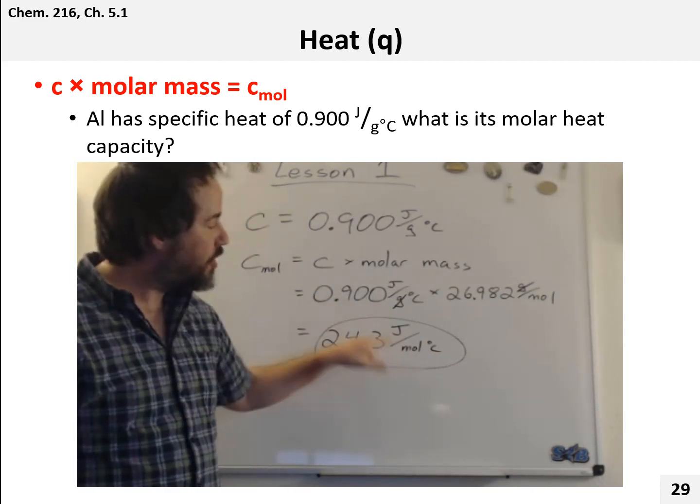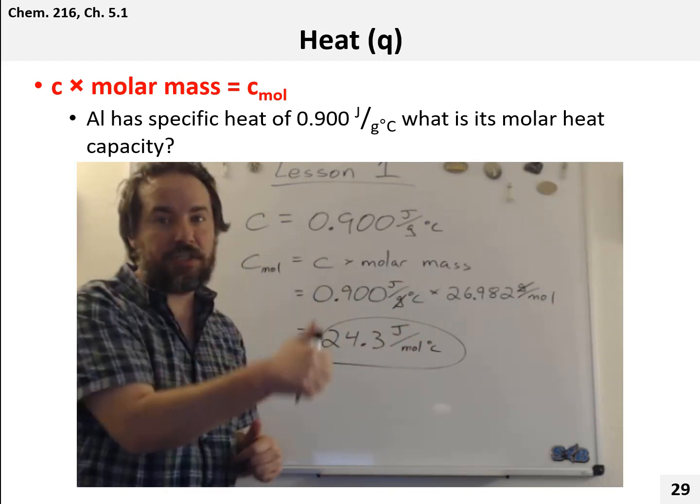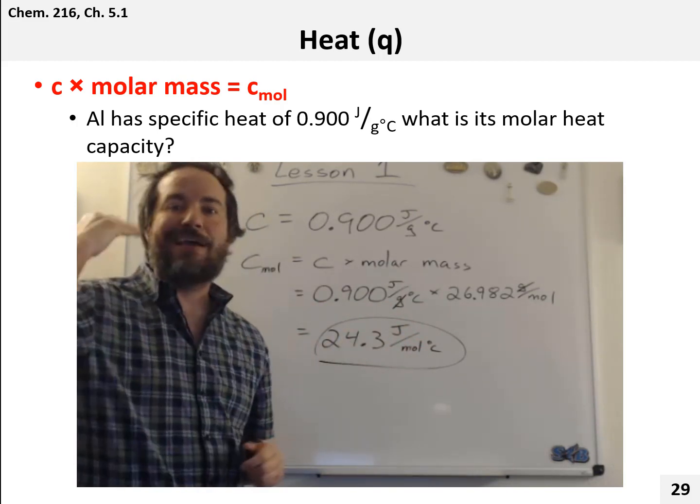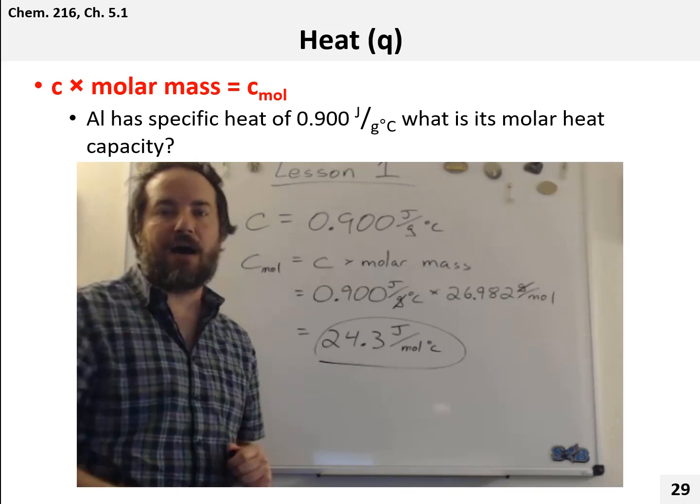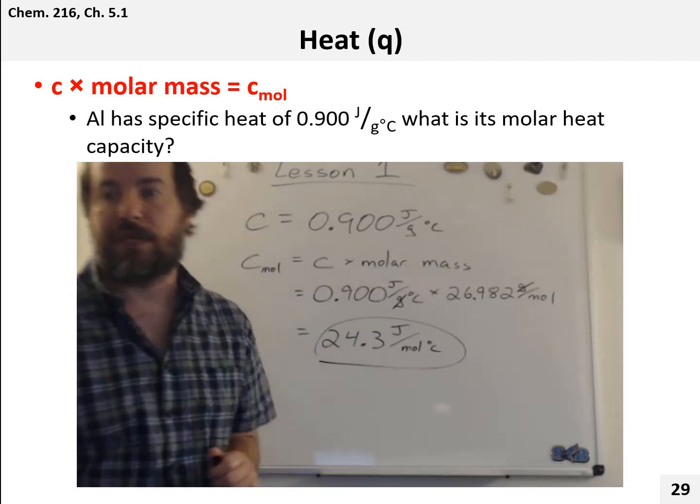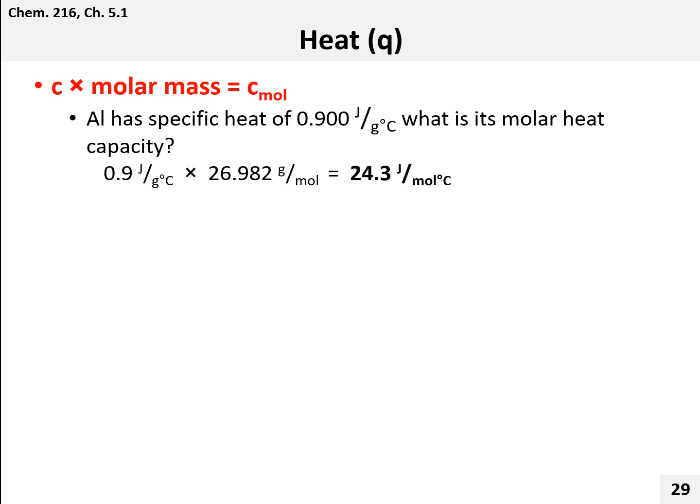So notice, using those units, we did it in 215, we're going to do it in 216, you're going to do it in OChem, you're going to do it in biology. Always look at those units. So why do we have molar heat capacity and specific heat capacity? Well, they're just two different ways to look at it. But they're both useful in different situations.